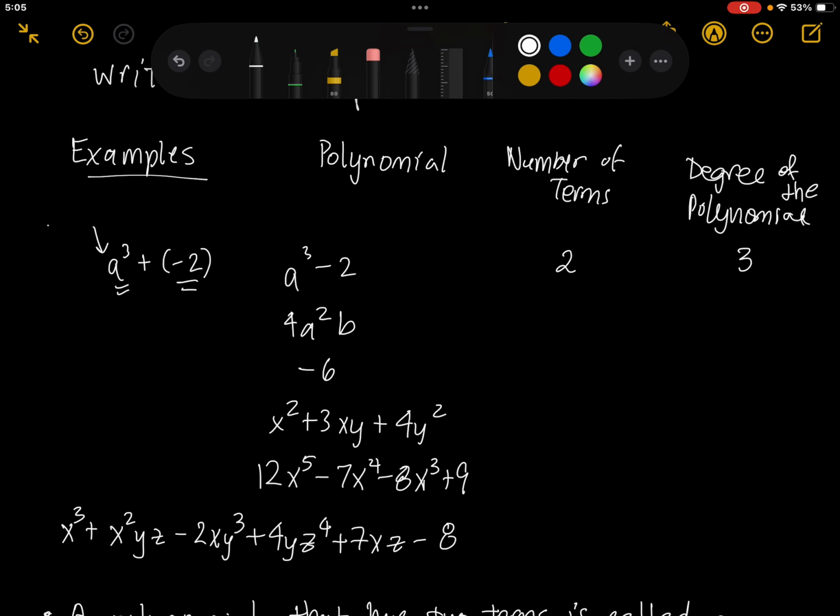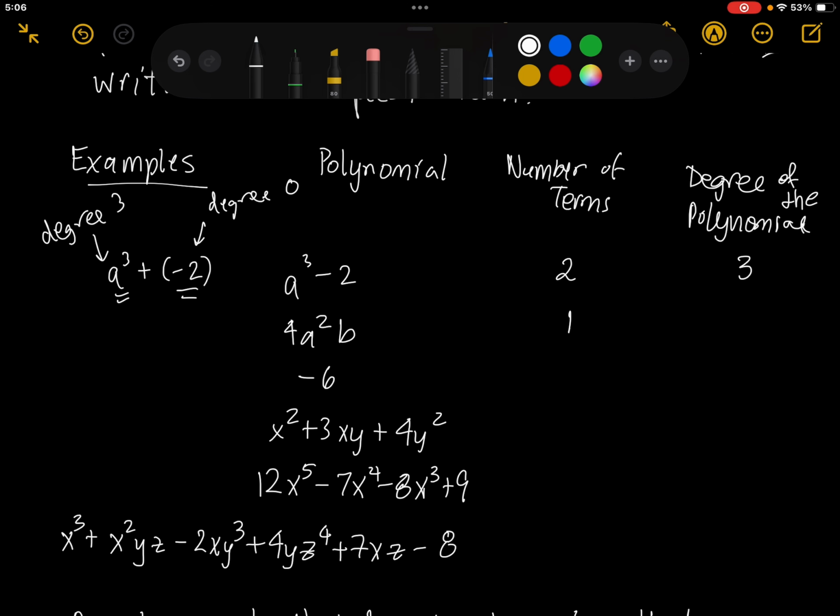So 4a squared b. How many terms do I have? I have 1. Why do I have 1? Because I'm not adding, I have a 4a squared b and I'm not adding anything to it, right? So the 4a squared b I'm thinking of as one thing. That's one term. So that's why the number of terms is 1. For the degree of the polynomial, well, I only have 1 term.